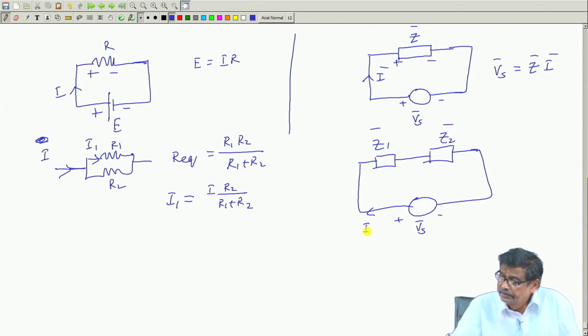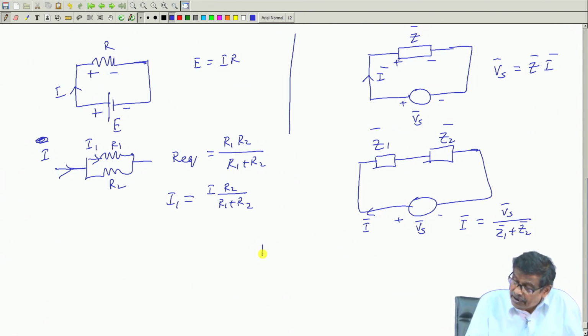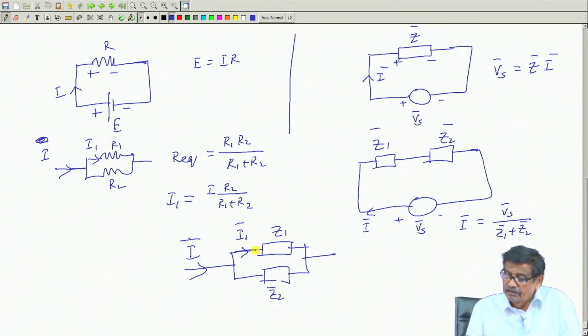Current in this circuit will be I bar equal to Vs bar divided by Z1 plus Z2. If the impedances are in parallel, but this time you have to show with a bar, in phasor domain we will calculate everything.